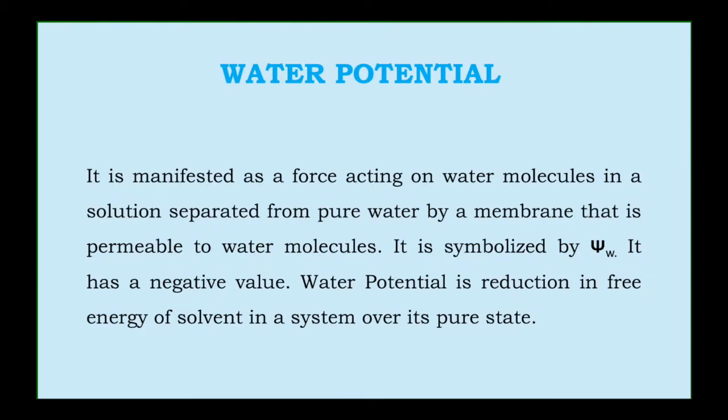It is manifested as a force acting on water molecules in a solution separated from pure water by a membrane that is permeable to water molecules. It is symbolized by psi W. It has a negative value because water potential is the reduction in free energy of solvent in a system over its pure state. Water is absorbed by a system with lower psi W from another system with higher psi W.